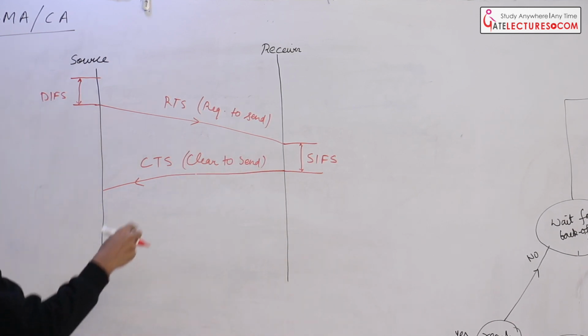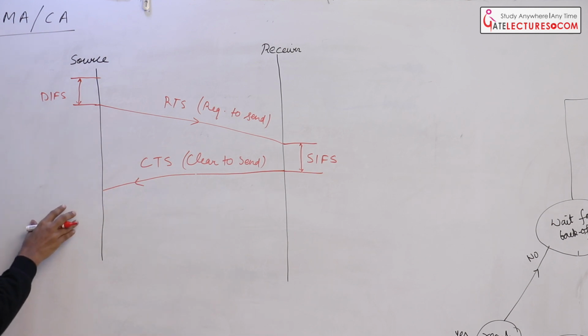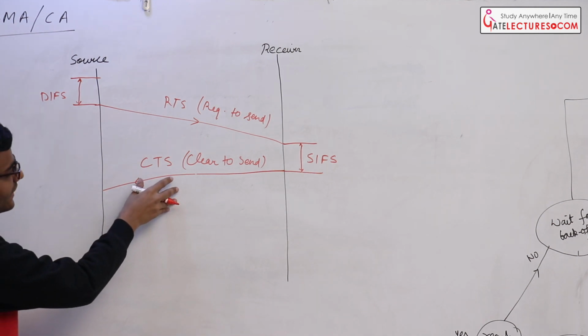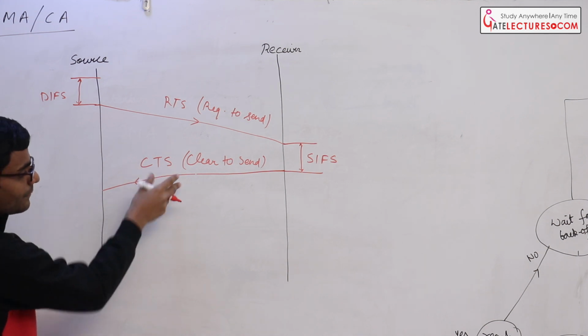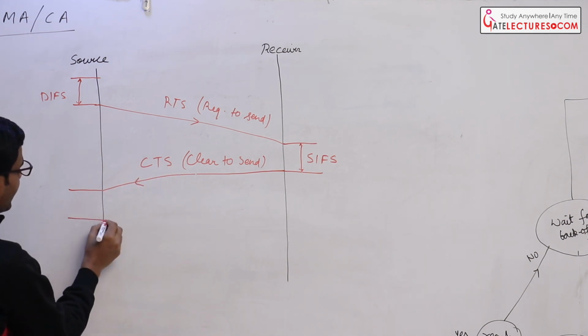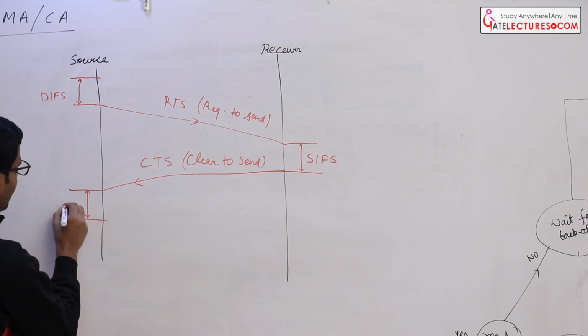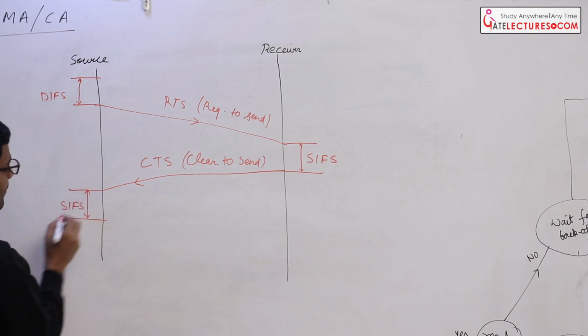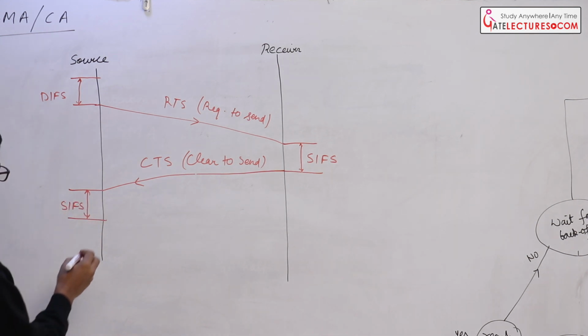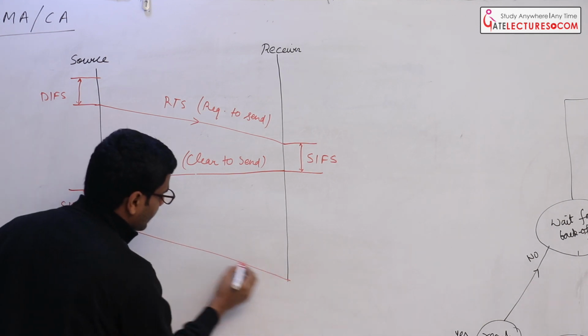That means the receiver is telling the sender that it is ready to receive the data. After getting the CTS signal, the sender again will wait for SIFS amount of time, and then it will send the data.